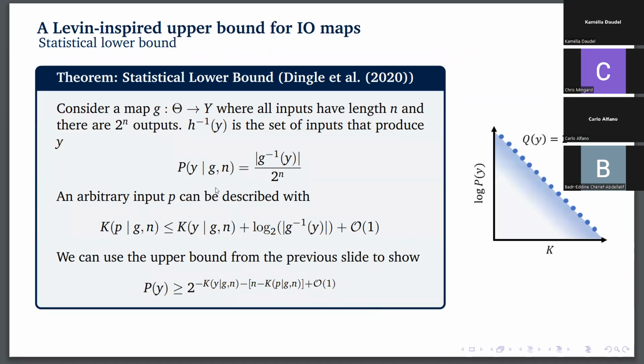And then actually, just for time constraints, I'll skate over this, but you can also show that there's a sort of statistical lower bound where you would expect most of the probability mass to hug this 2 to the minus k line.